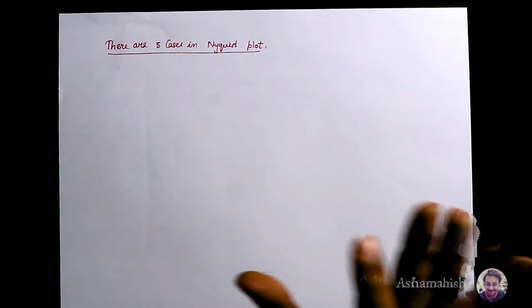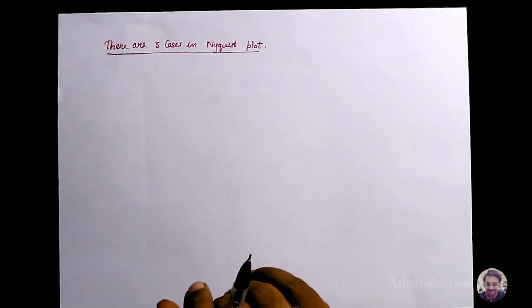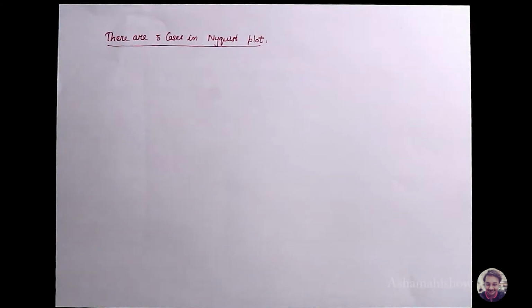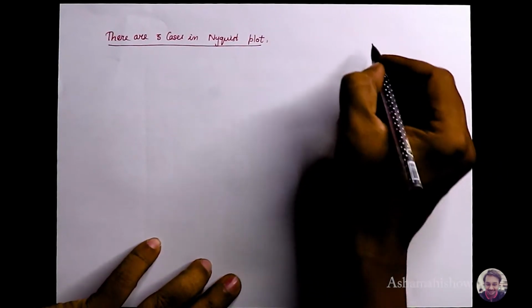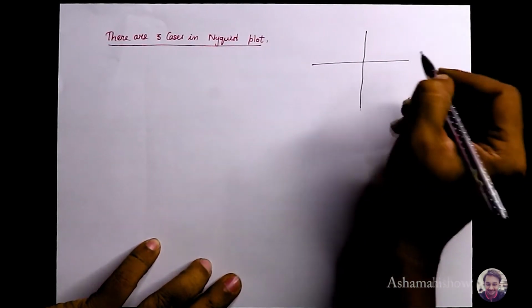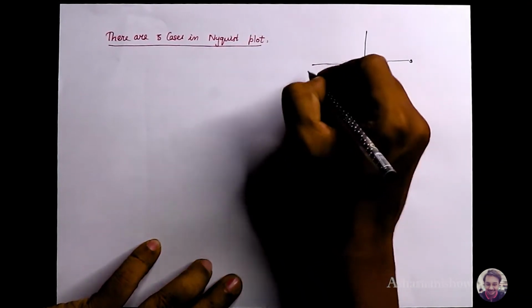Coming to the very important part, the three cases of a Nyquist plot. I'll tell you what the three cases of a Nyquist plot are. Before going to the three cases, let me draw an outline, because the more times you see it, the better you get it.